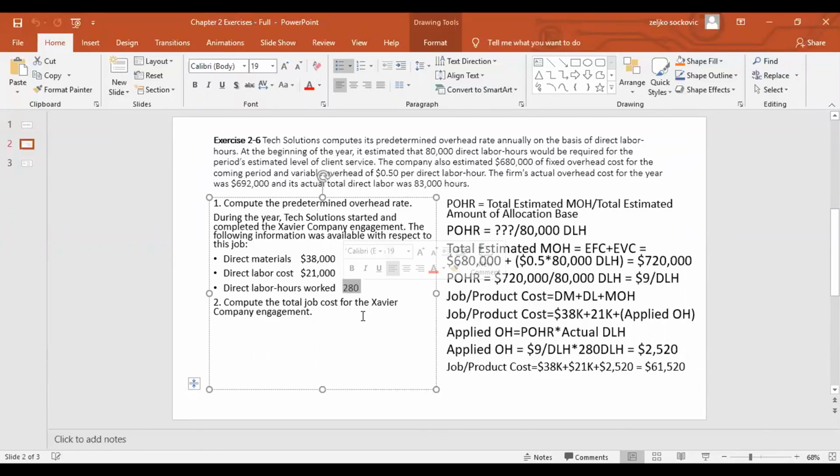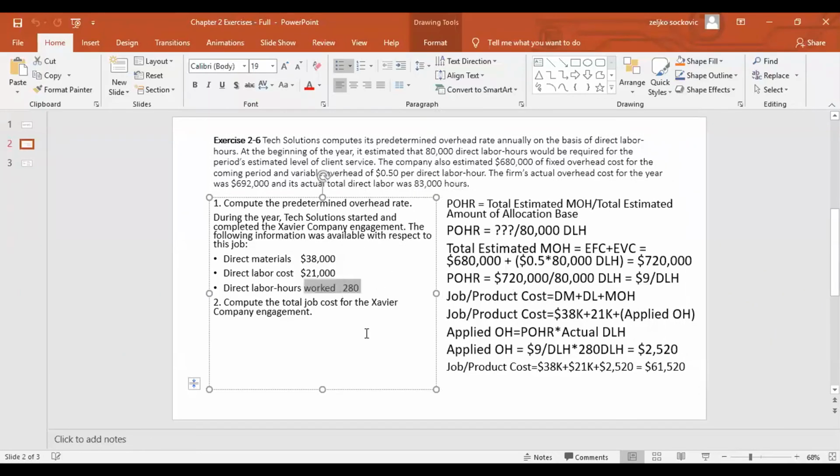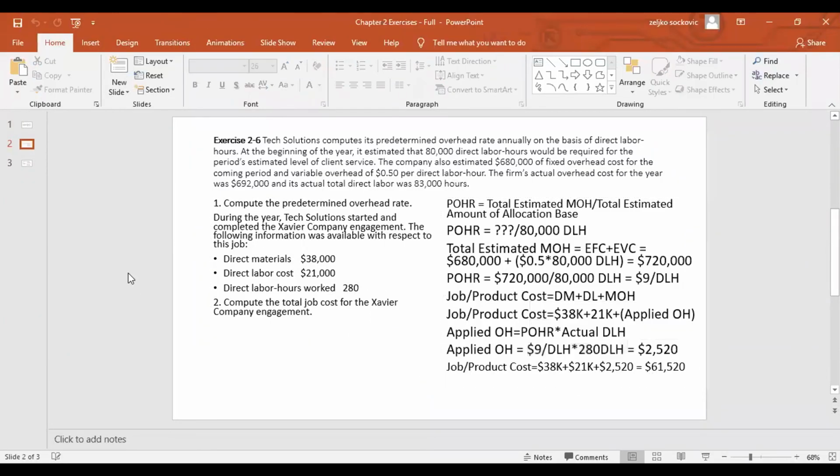Those are the actual hours. These 280 are part of these 83,000, but we don't care about the 83,000. We care about 280. So we multiply $9 in POHR by 280 direct labor hours, and we get 2,520. That gives us our applied overhead.